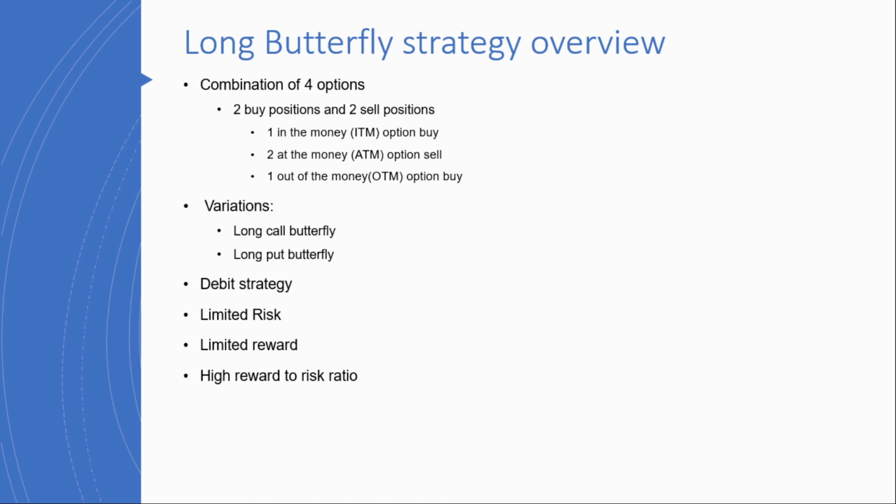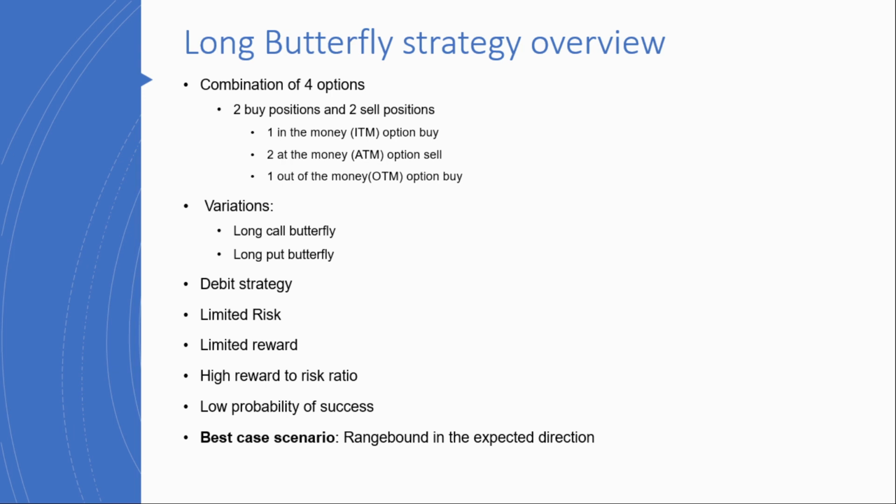So the reward to risk is generally very, very good in the case of the long butterfly strategy. But we are going for a debit in this scenario. And even though the reward to risk is very favorable, it comes at the cost of being a low probability strategy. The probability of success is very, very low in the case of the long butterfly, because you can make a profit only if it closes within a very narrow range in the expected direction.